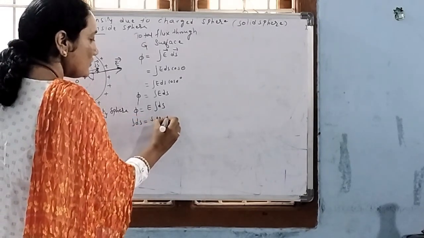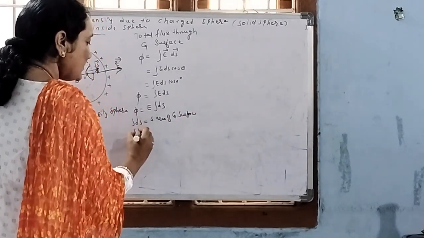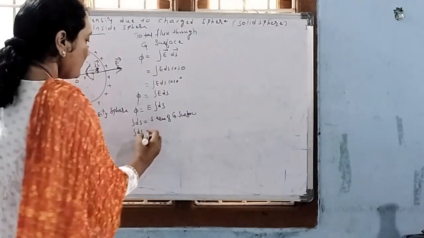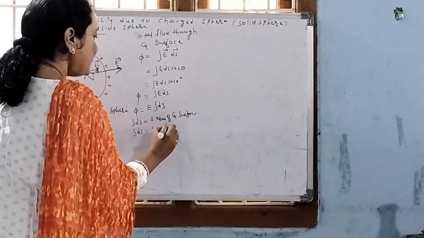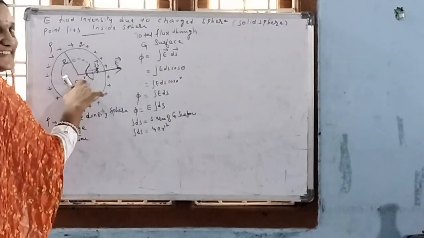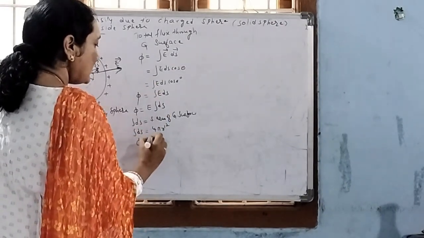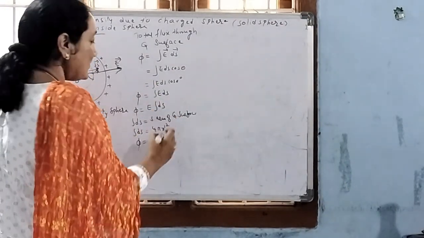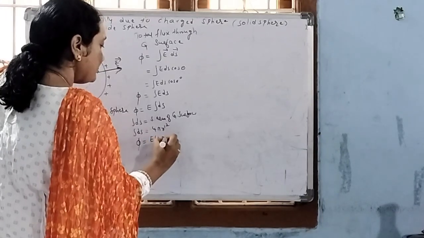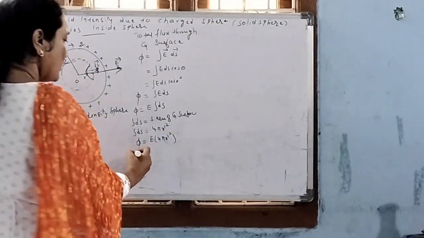Surface area of the Gaussian surface. Now what is that surface area? Sphere, no? 4 pi r dash square, because I assumed the distance from O to P as r dash. Now substitute. Phi is equal to E, in place of integral ds, 4 pi r dash square. Next, what we will do? Gauss law.